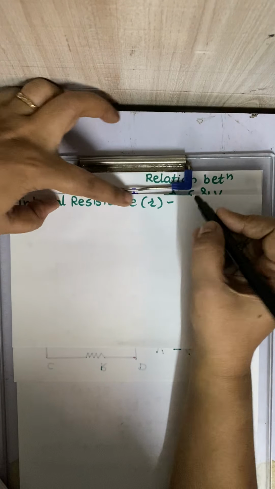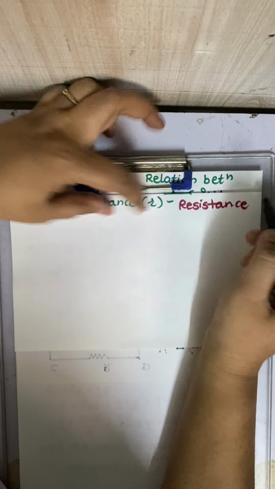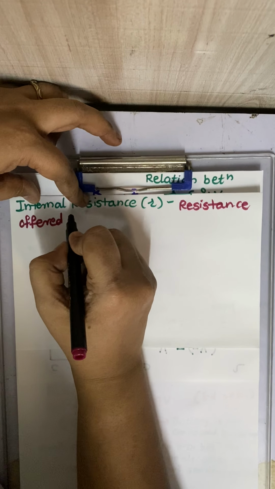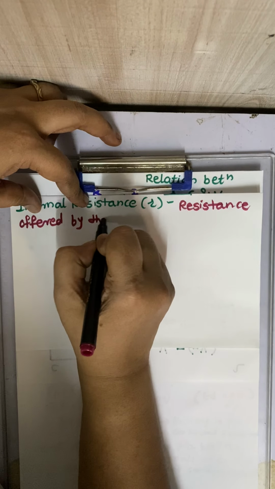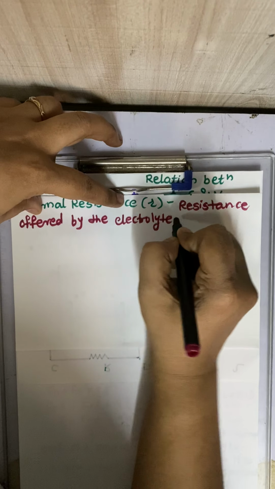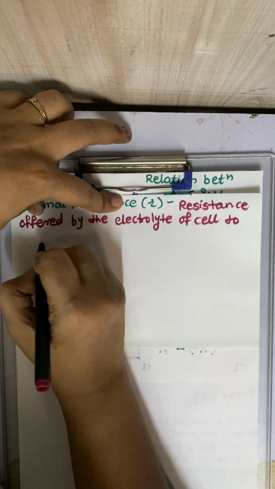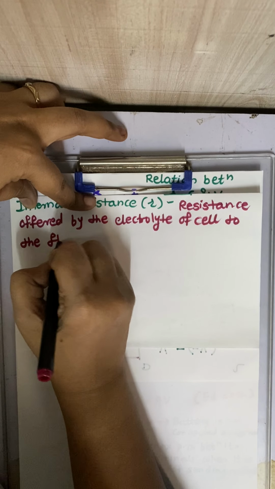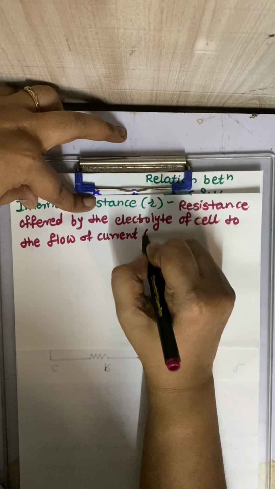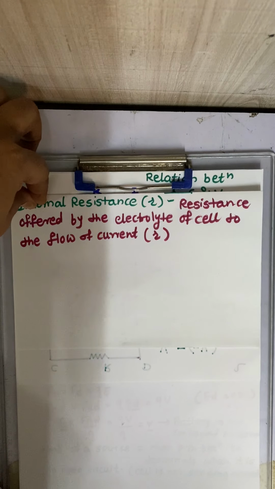So I'll write down here: the resistance offered by the electrolyte of the cell to the flow of current is called the internal resistance, small r, or the internal resistance of the cell.